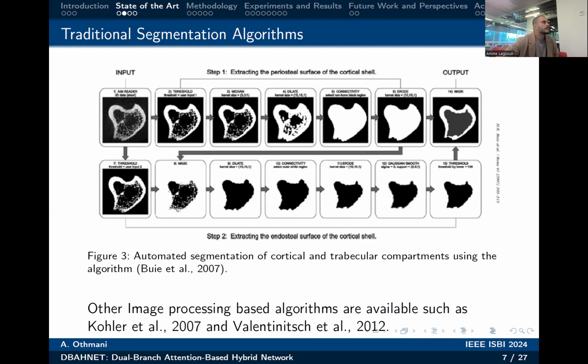The main inconvenience of these methods is that they don't generalize well because they are based on morphological filters and not really feature-based. So if we change the experimental setups, or if we inject our mice with medical treatments or mechanical loading, it can become very hard for the model to perform well.